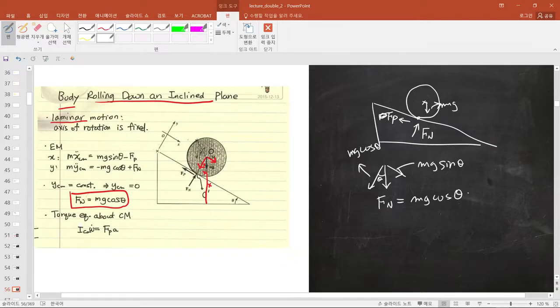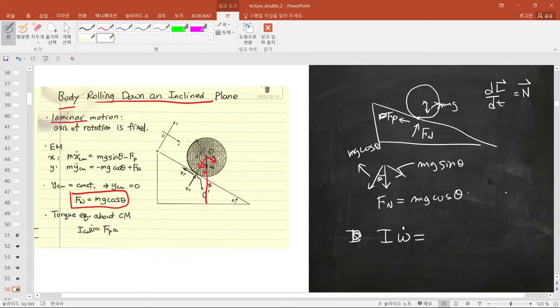Now we first consider the motion around the center of mass. Let's calculate the torque here. You can use dL/dt is equal to N. L is equal to I times omega, so I omega dot is equal to the torque.